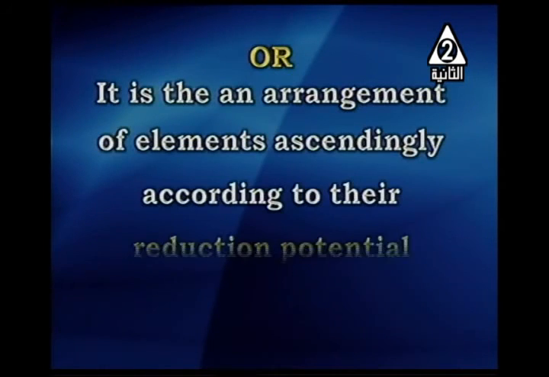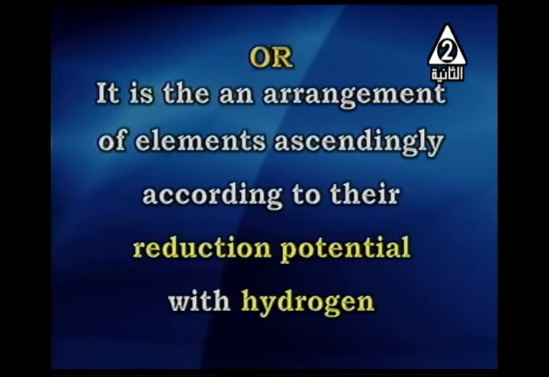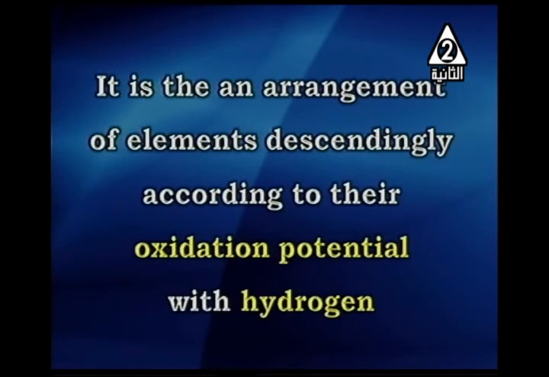After that, we have another definition. It's the arrangement of elements ascendingly, the opposite of the first, ascendingly according to their reduction potential with hydrogen. Again, concentrate with me. This electromotive series is an arrangement of elements descendingly according to their oxidation potential with hydrogen.